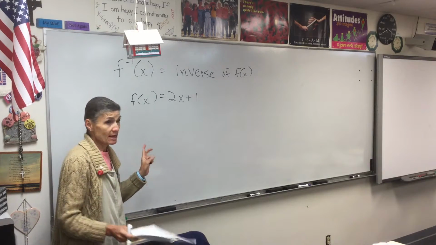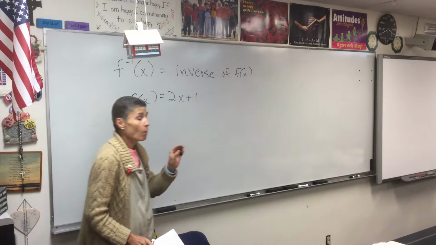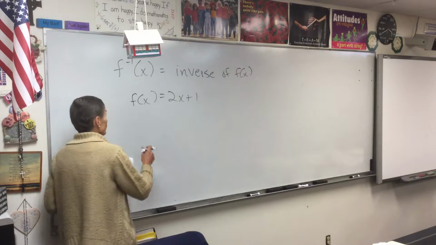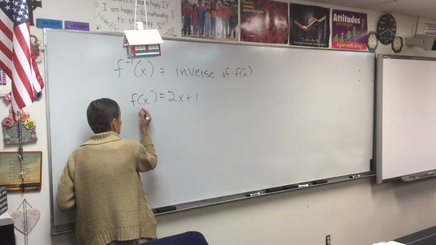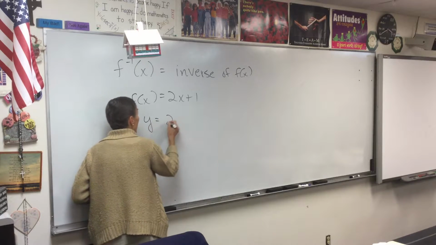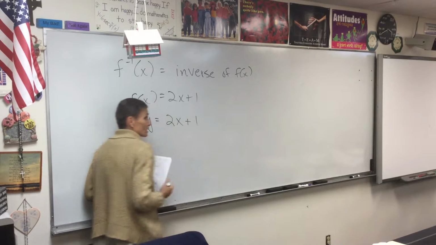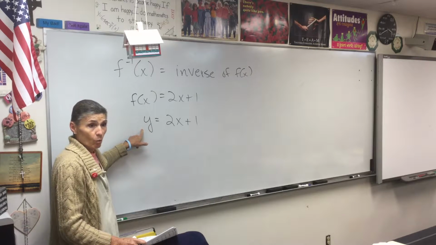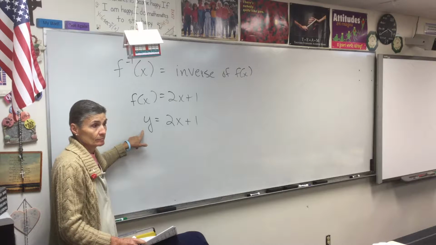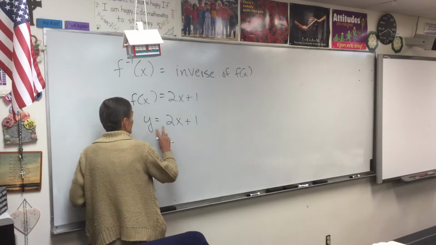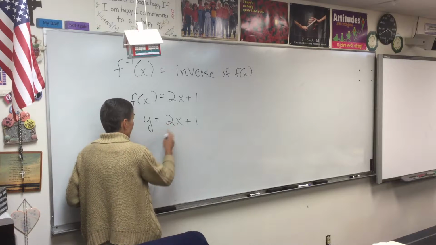These are the steps you're going to go through, no matter how hard or easy the problem is. First of all, you learned a long time ago that f of x is the same as y. You can always replace f of x with y. Now, the second step is the biggie: switch your x's and y's.